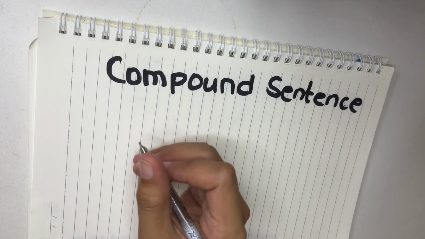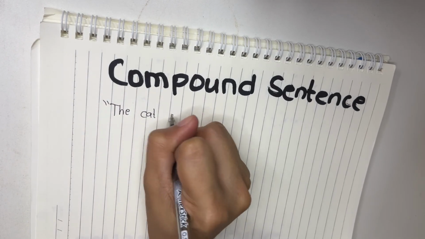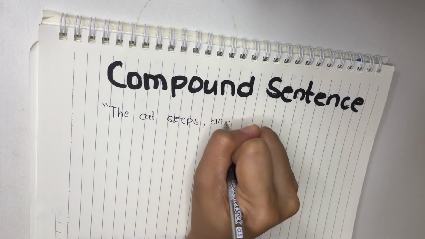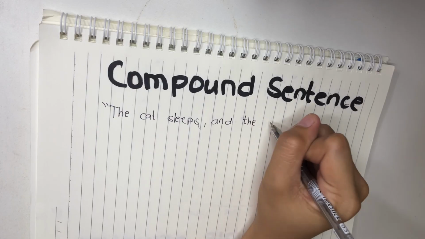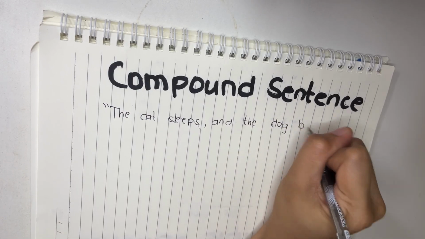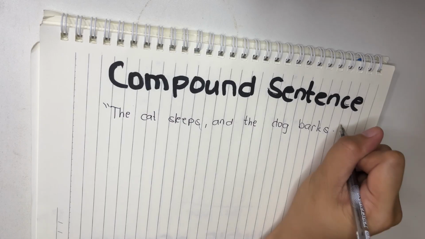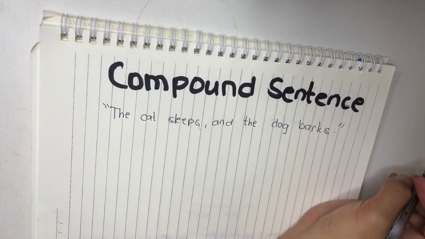For example, the compound sentence: the cat sleeps and the dog barks. That's our example of a compound sentence.